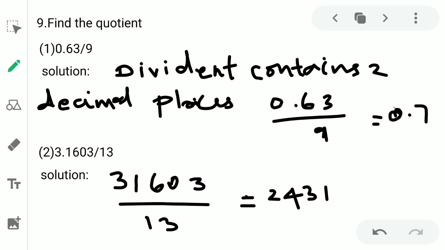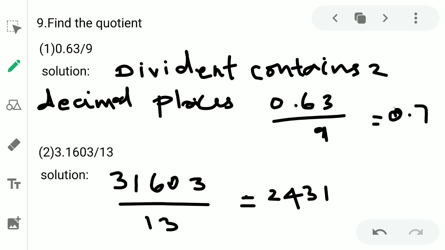Converting a pure recurring decimal into a vulgar fraction: I have already said that 0.5 recurring gives you 5 by 9, since it is a recurring decimal and you have to write 9 in the denominator. Same concept you will be learning in this. They have asked to find the quotient, and they have already given 0.63 divided by 9.